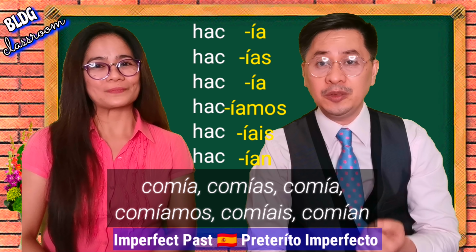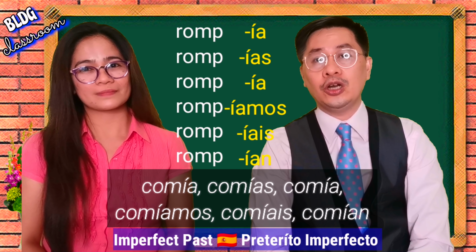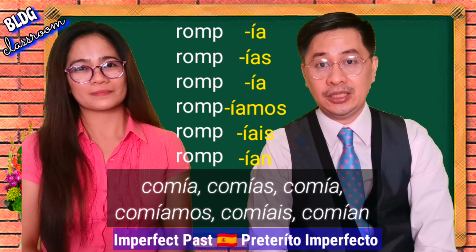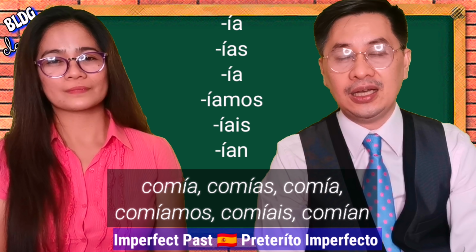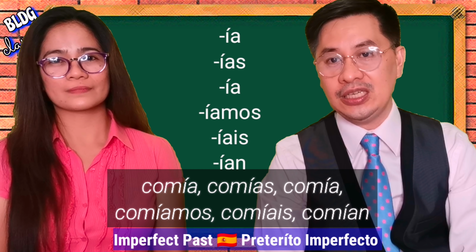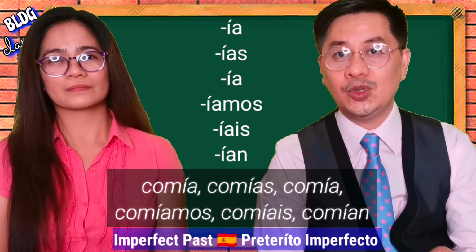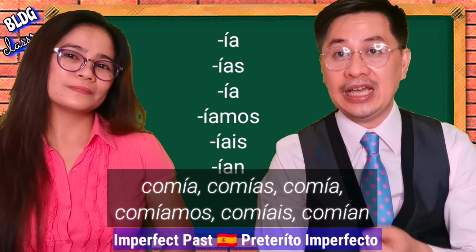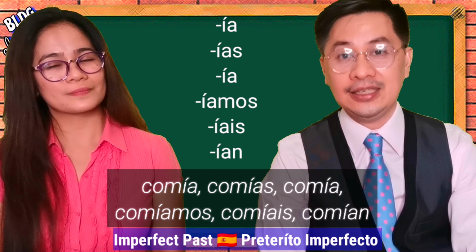Those are the endings when we conjugate the imperfect past tense for ER ending verbs. Comía, ía; comías, you add ías; comía, add ía; comíamos, add íamos; comíais, add íais; and comían, you add ían.